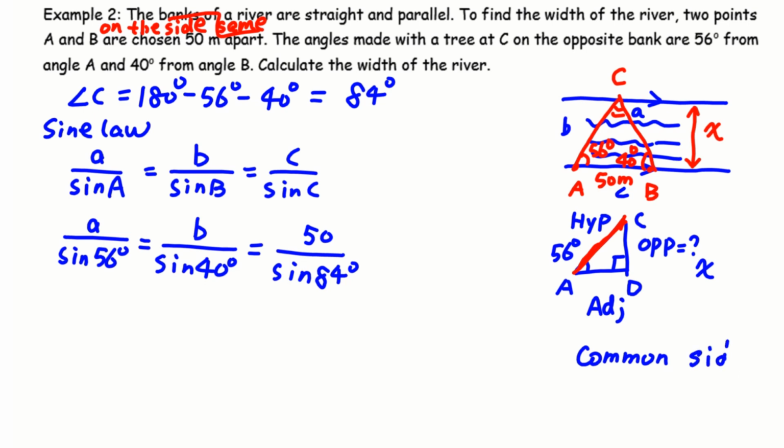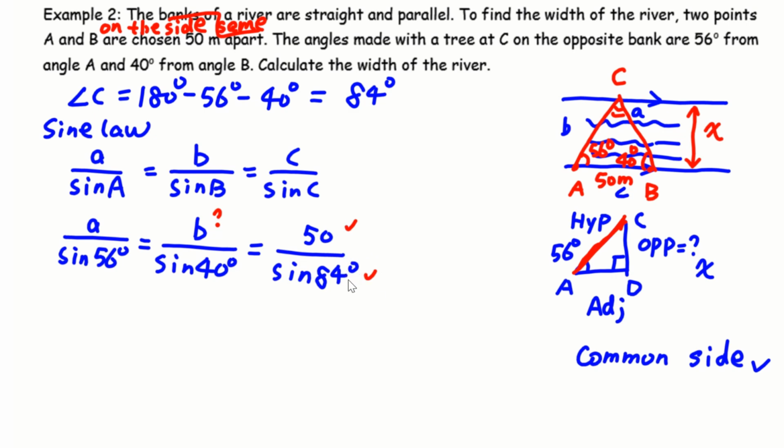The reason for that is from one triangle we find the common side, then we could use another triangle to find the unknown. So we want to find the AC. And that AC in this triangle is b, so we want to find the side b.